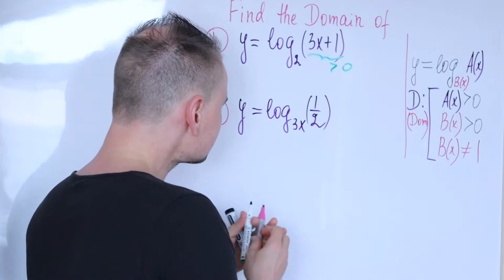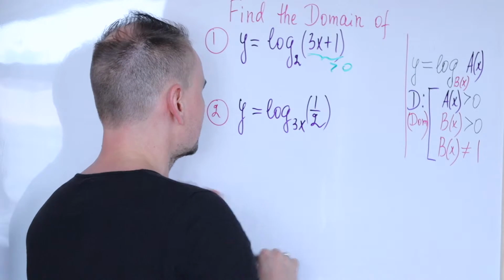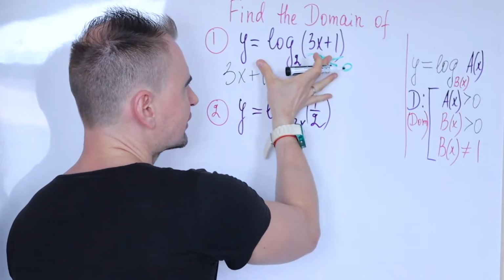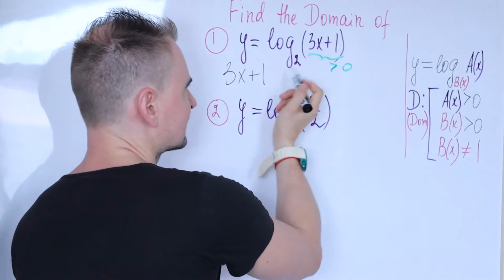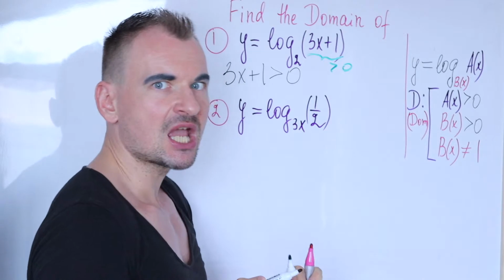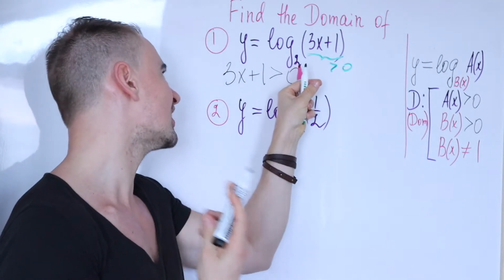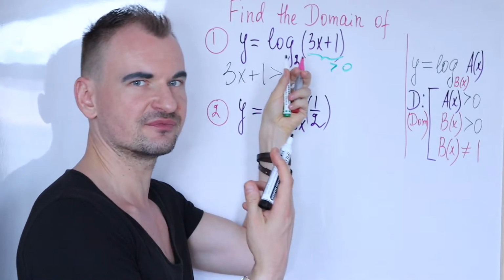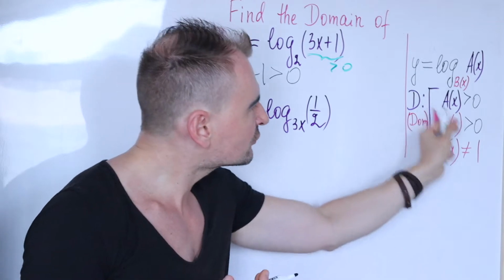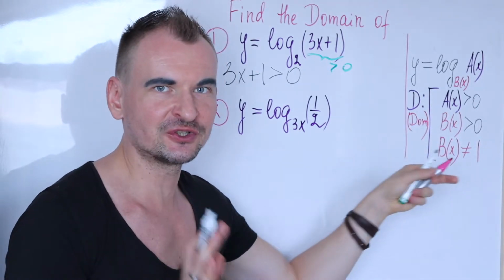So you simply pull out this 3x plus 1 from your function, y equals this log, and set it greater than 0. Since your base happens to be just a single number, 2, and 2 is a positive number, you can simply ignore these two restrictions, so you don't have to deal with the rest.